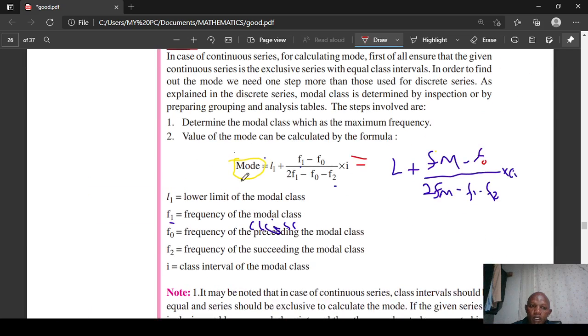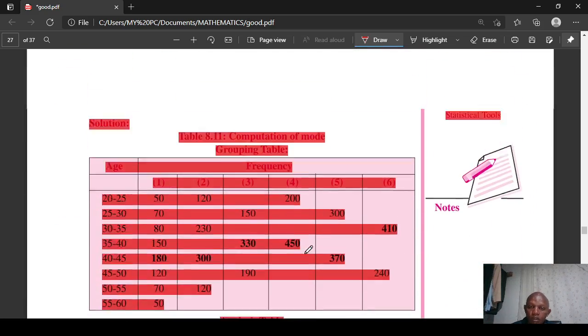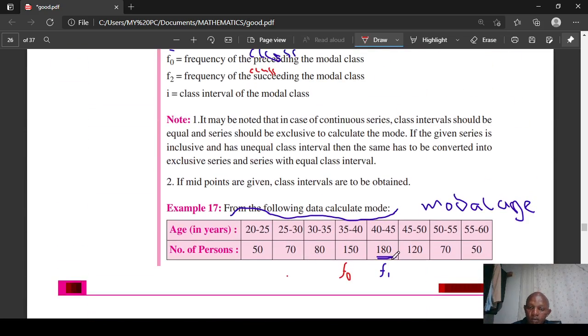And then F2 is the frequency of the class succeeding the modal class. So this is F2. And what is the class interval? 45 minus 40, which is 5.